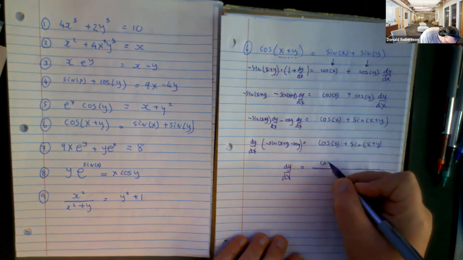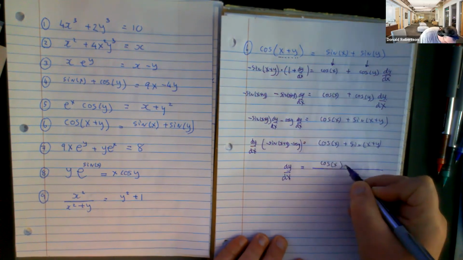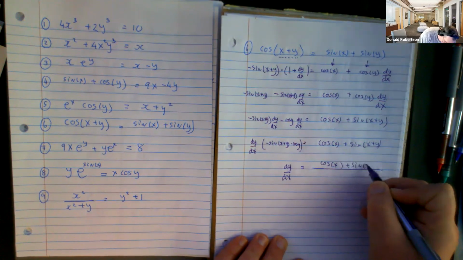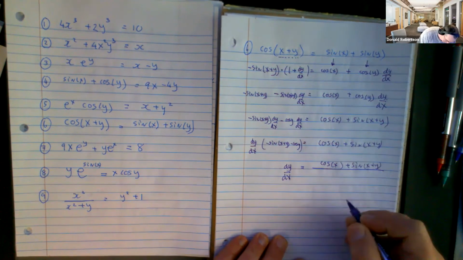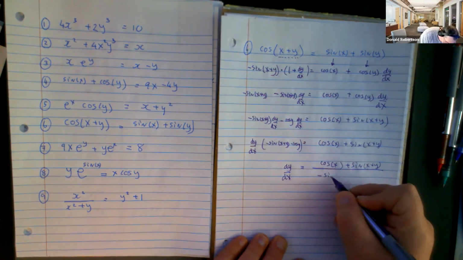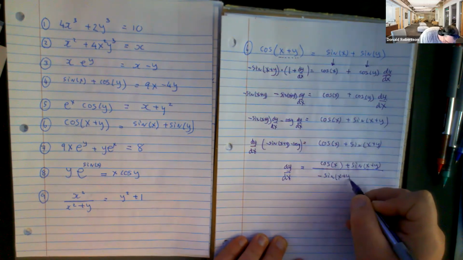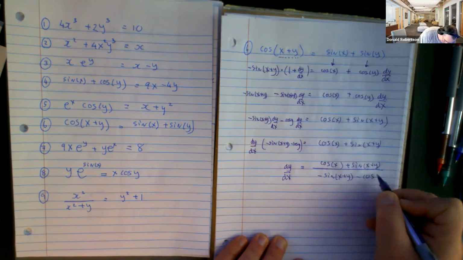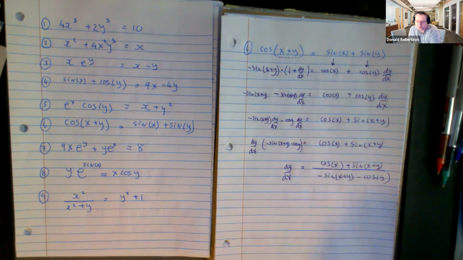So in this case, cosine x, add that guy, and on the bottom, that guy.